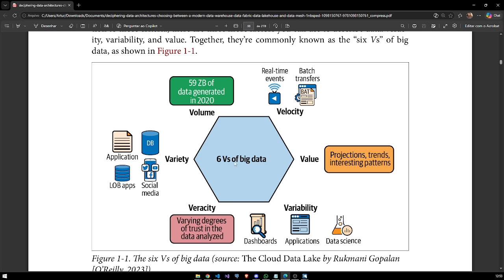The next V of these 6 V's of big data is velocity. When we are talking about data, we can process data in batch. We can schedule an instruction or a load or processing of data every hour or every 24 hours, so it's going to be processed once a day or hourly.